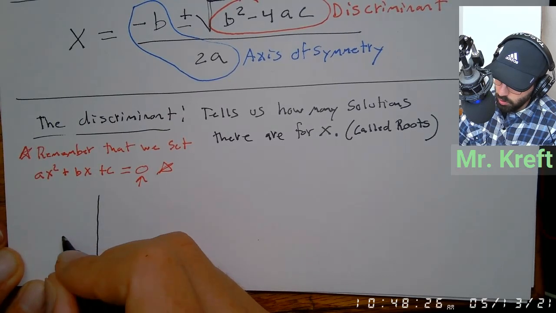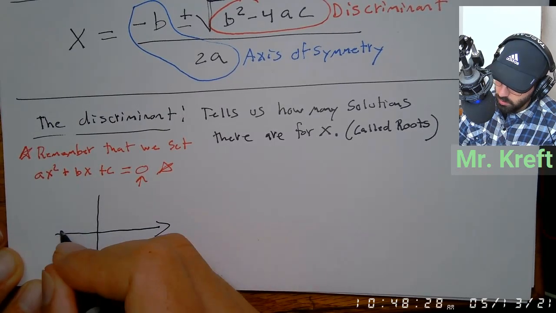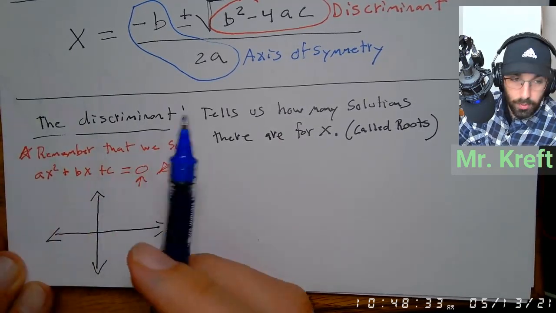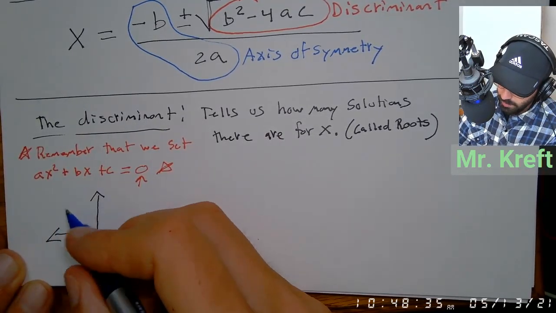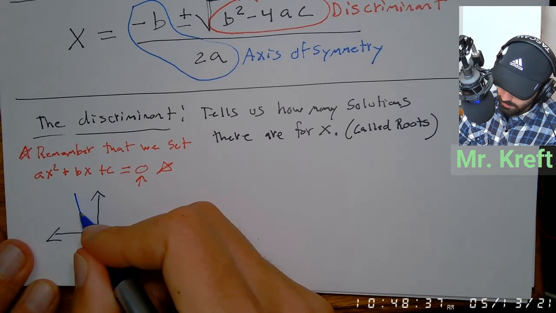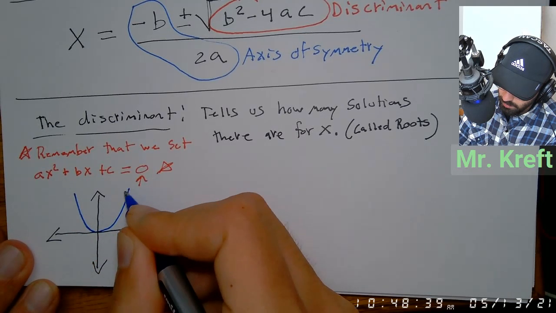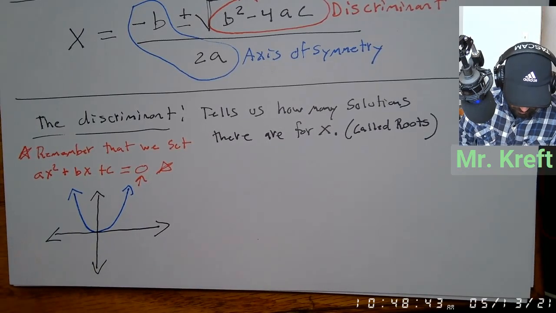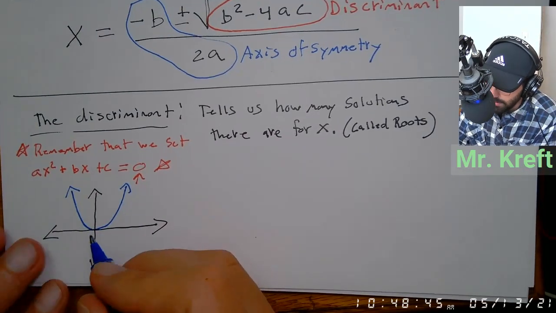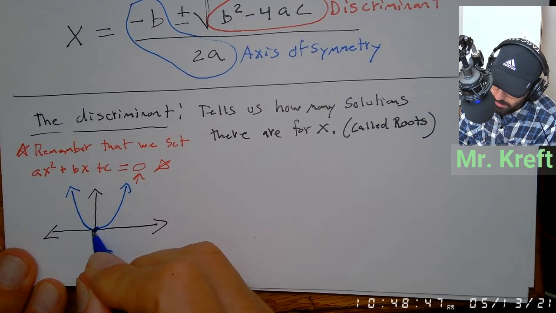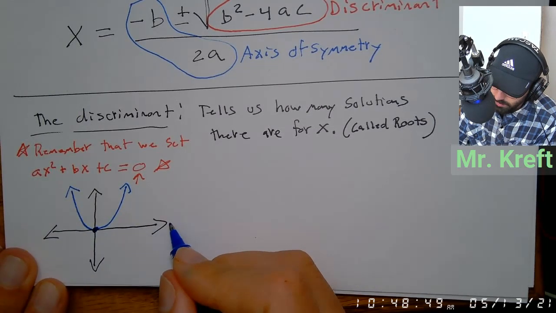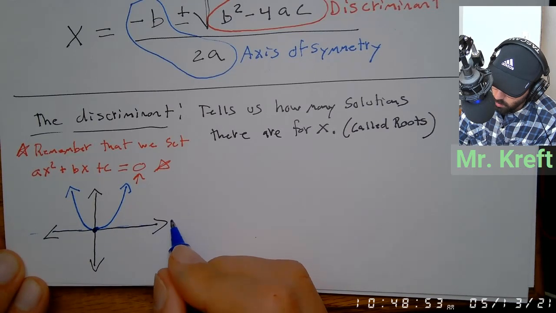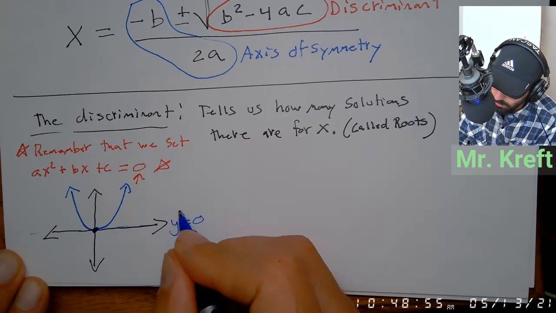So a quadratic looks like a U. Graphically, if I go like this, this is a quadratic. If I take a look at a quadratic, this right here is the x-axis, but it's also y equals 0.